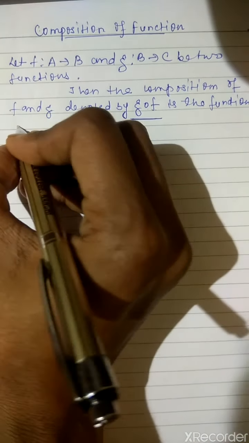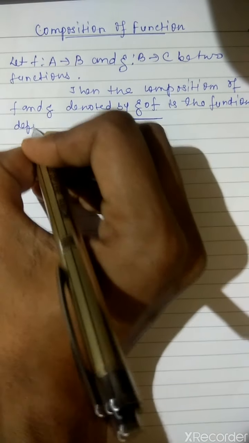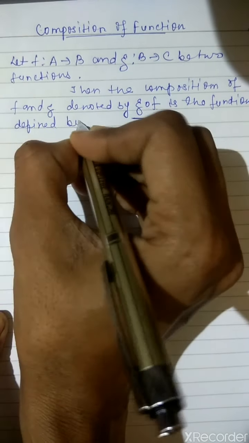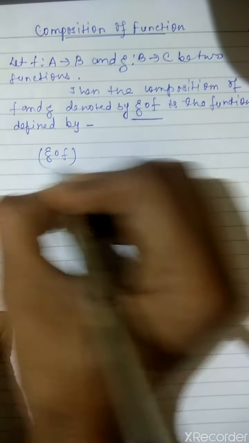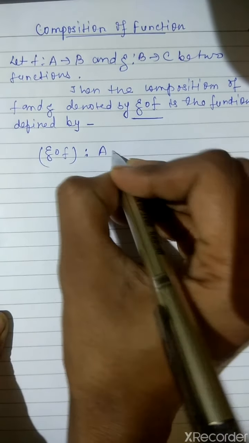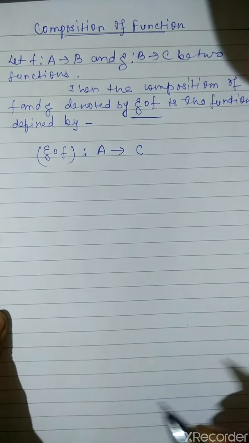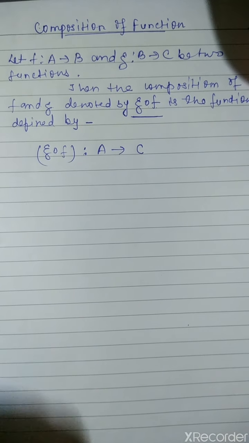This G naught F is a function, and how can we define it? G naught F is a mapping from A to C. Earlier we have discussed the transitive property.